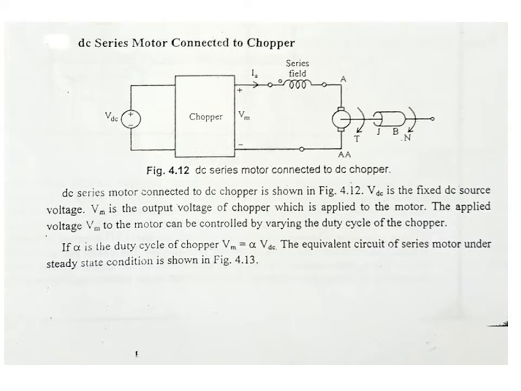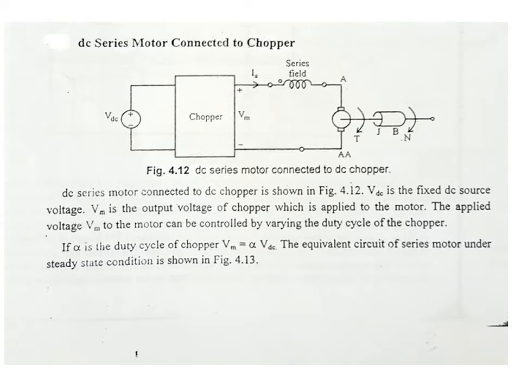Now in this lecture we are going to cover the same chopper if it is connected to DC series motor, and how we can control the speed of DC series motor with the help of chopper circuit.